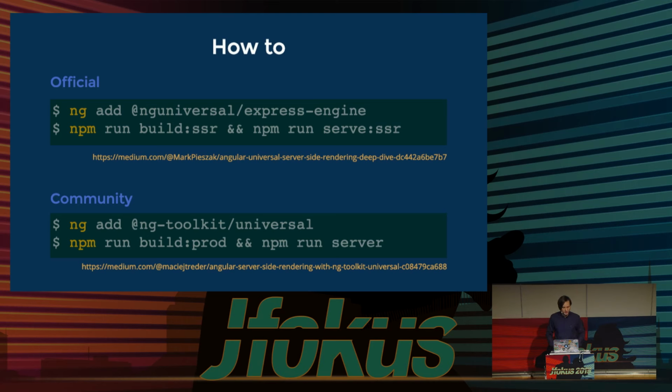Yes, so two options, they both are in a good state, and they will help you a lot with starting your way. And I'm not sure about NG Toolkit Universal, but in Angular Universal Express Engine, you have at least two options for how to do server-side rendering exactly.